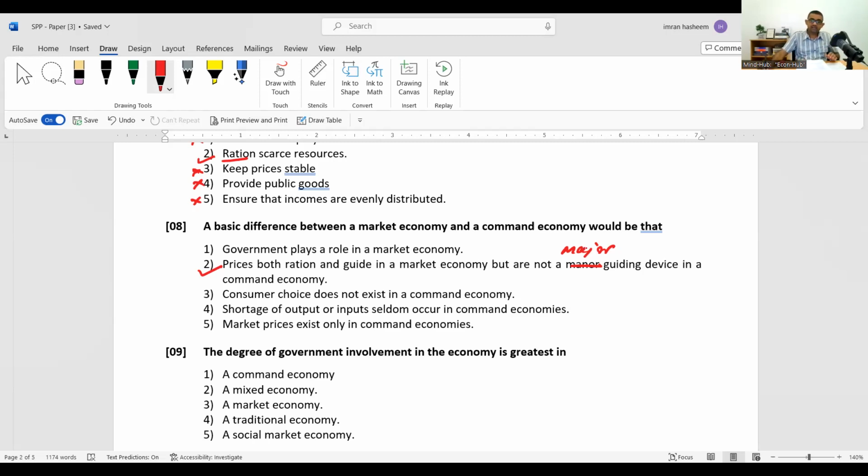That's why you can easily eliminate that as an incorrect answer that shows a difference between a command and a market economy. So the correct answer is number 2. Others are technically incorrect and they are not the main difference between these two economic systems.